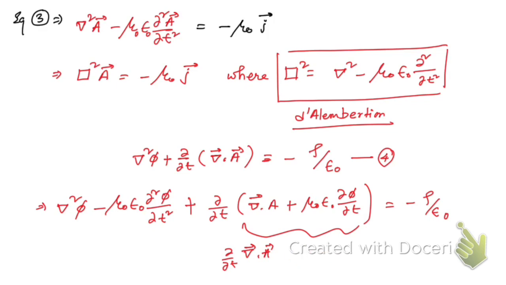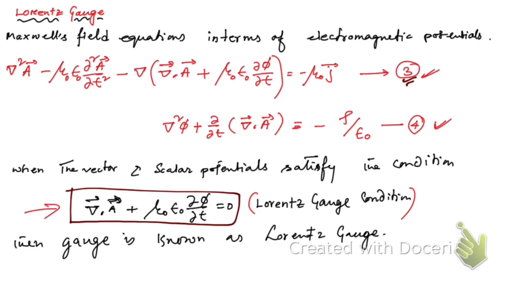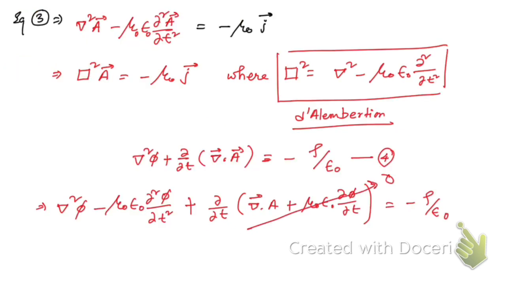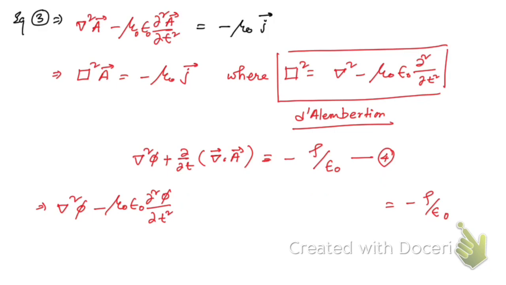Now you see, if you apply the Lorentz gauge condition, that means this one, then this term is going to be equal to 0, and the equation will be of this form.